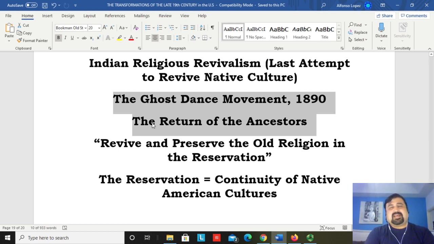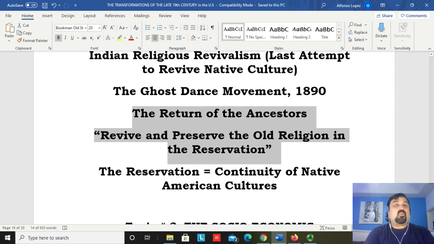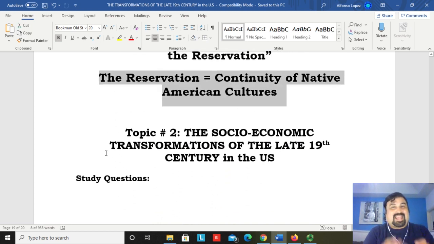They're reporting the return of the ancestors in dreams and visions, to tell them that you have to revive and preserve the old religion now in the reservation by paying homage to your own ancestors. Of course, this is the way you're going to survive as a culture. Your community is going to retain your specific ethnic and cultural identity by remembering your roots.